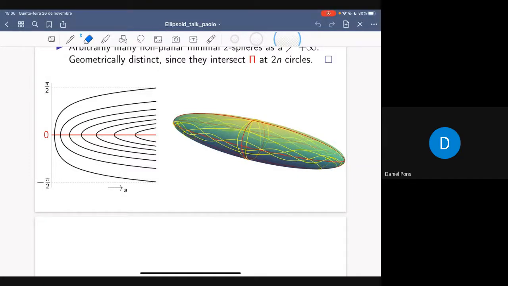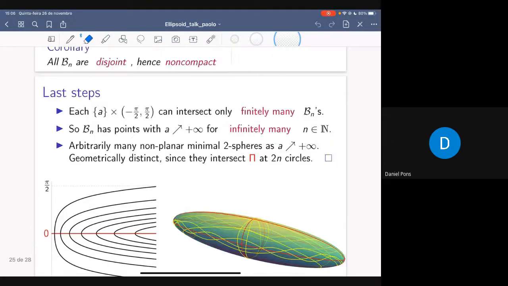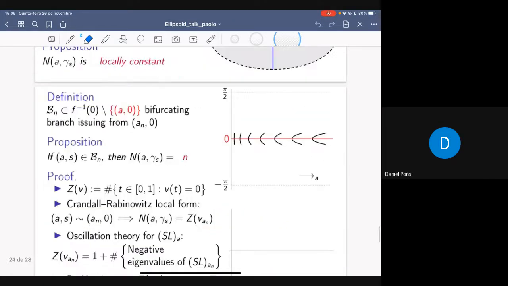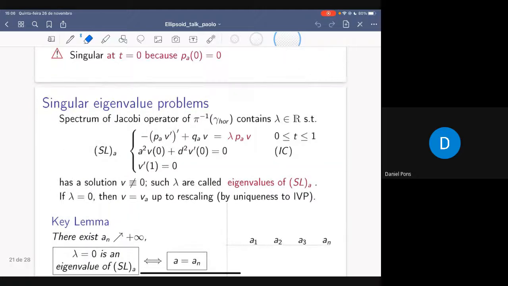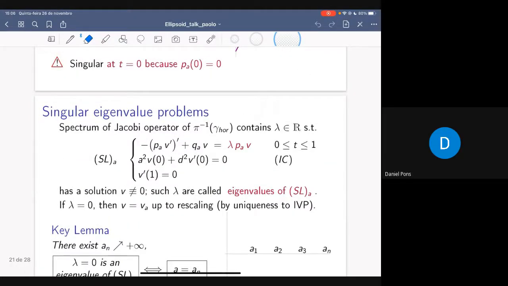At the beginning, you spoke about the Lusternik-Schnirelmann category of the embeddings of S2. So is there a Lusternik-Schnirelmann category for every space of embeddings?